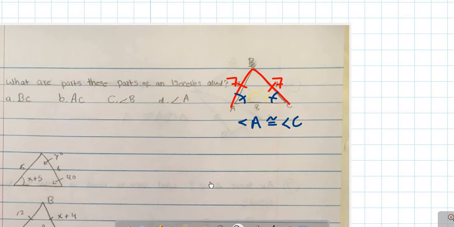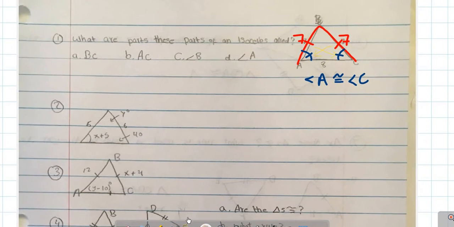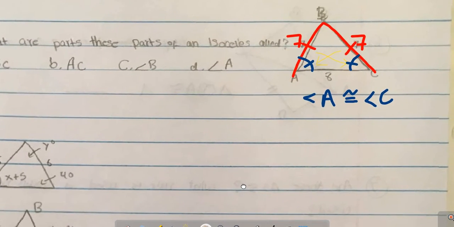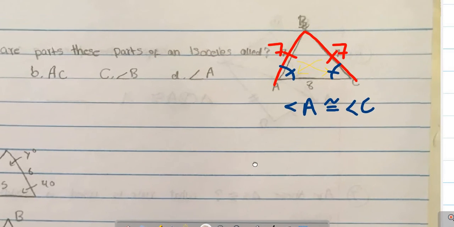Now the question itself, I don't quite understand. Let me read it and see what's going on here. The question says, what are these parts of an isosceles triangle called?